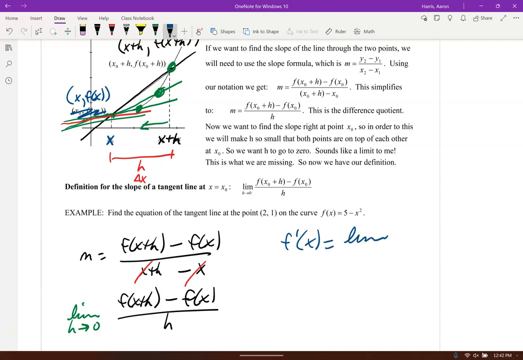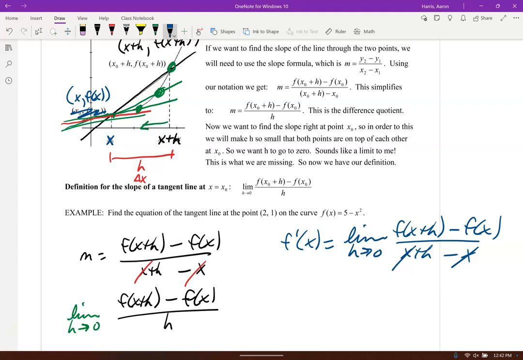The derivative is the limit as h goes to 0 of f of x plus h minus f of x all over x plus h minus x, and of course our x's cancel. So it's the limit as h goes to 0 of the slope. And that's what we're going to use to find the derivative, the slope of the tangent.